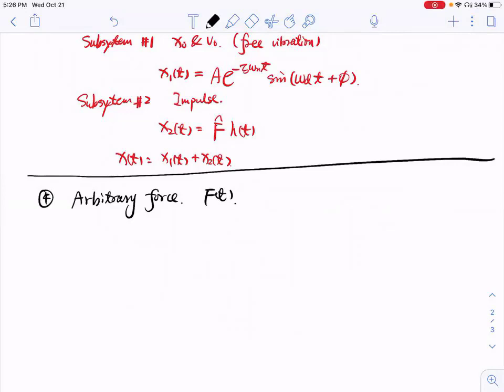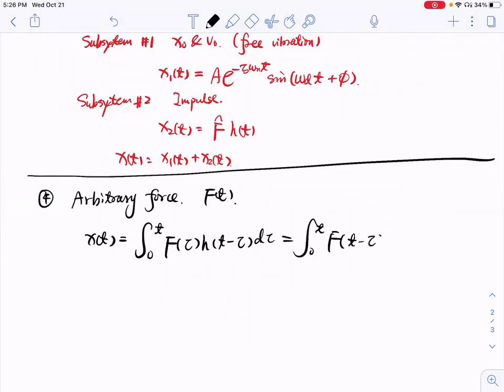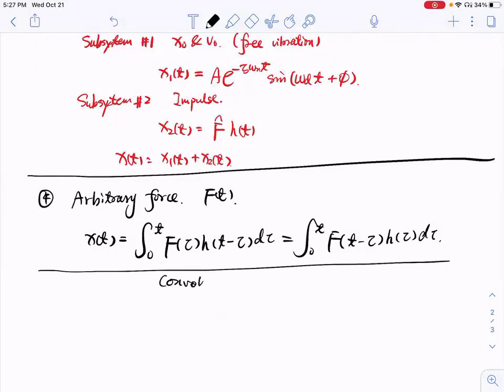So what we get is your x(t) is going to be the integration from 0 to t of f(tau) h(t minus tau) d tau, or from 0 to t of f(t minus tau) h(tau) d tau. So this equation is called the convolution integral.